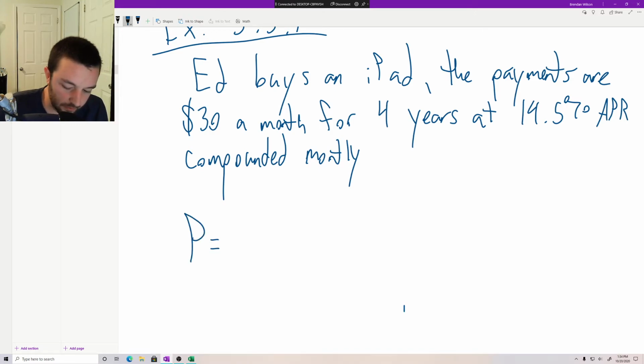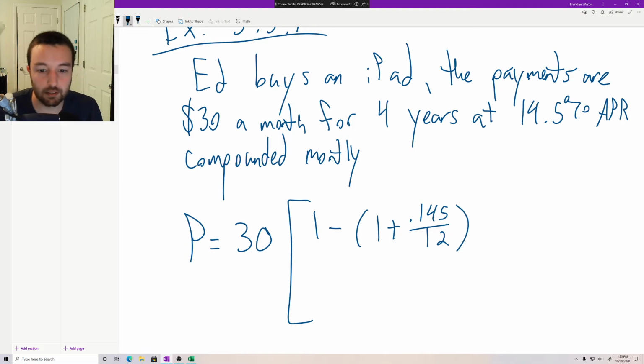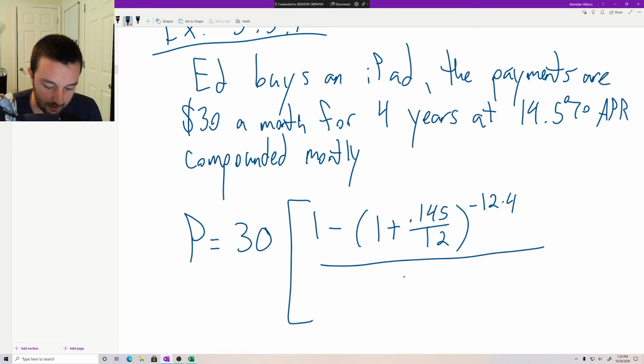The present value here, we're going to plug in 30 for the payments. Our formula was 1 minus 1 plus R over N. R is 0.145 because we take that 14.5 and convert it to a decimal. N is 12 because we're doing this monthly. To the negative 12 times 4 divided by 0.145 divided by 12.